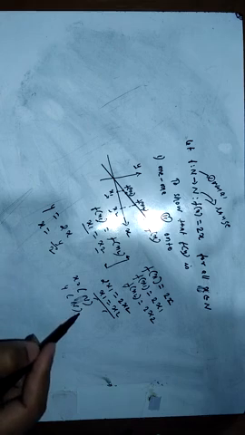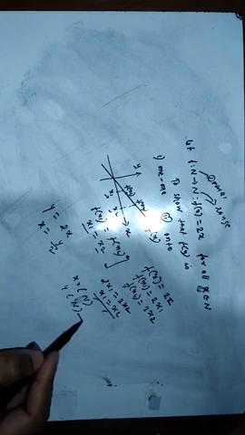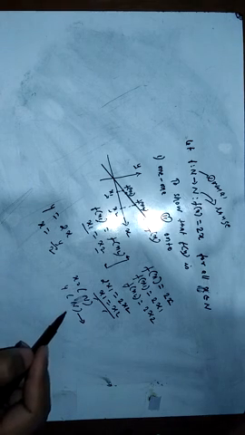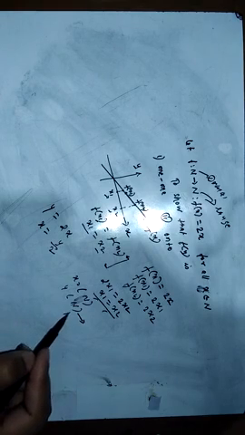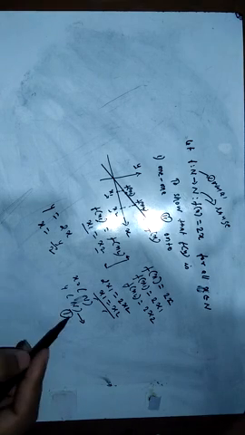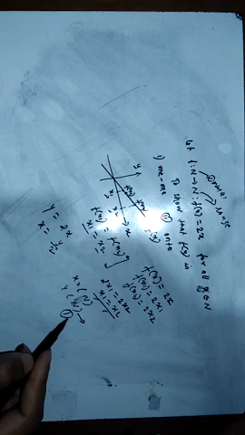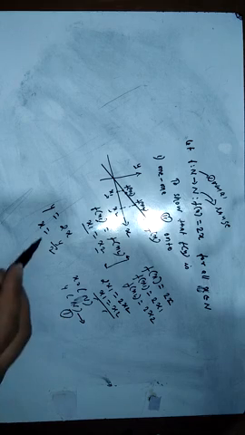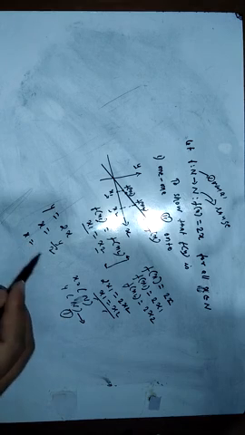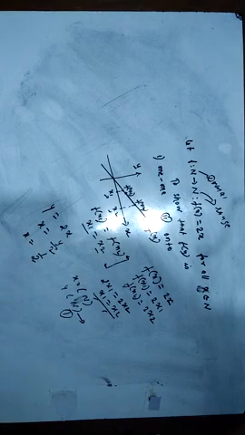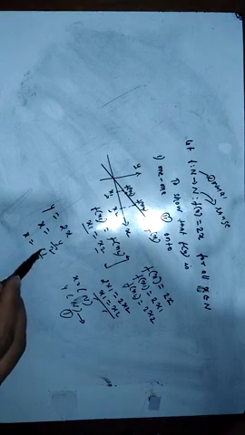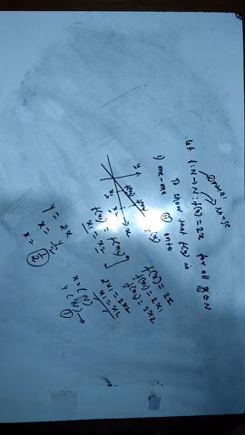If we consider any element from y, suppose y is equal to 1, then putting the value of 1, x is equal to 1 by 2. We can say 1 by 2 is not a natural number.